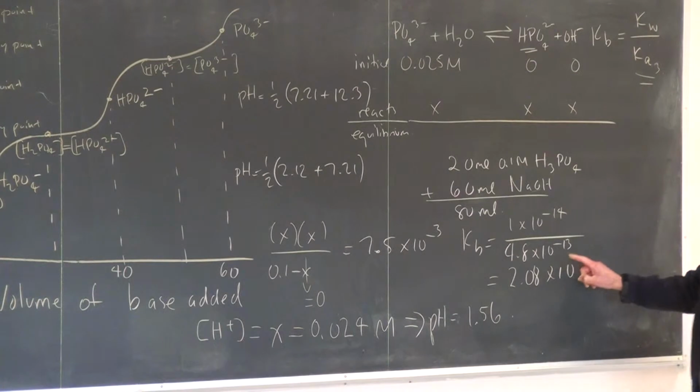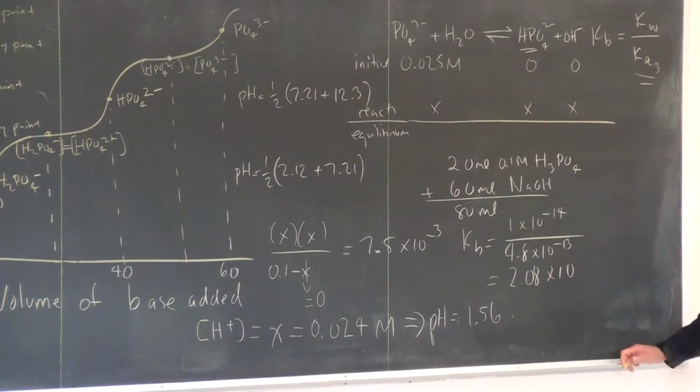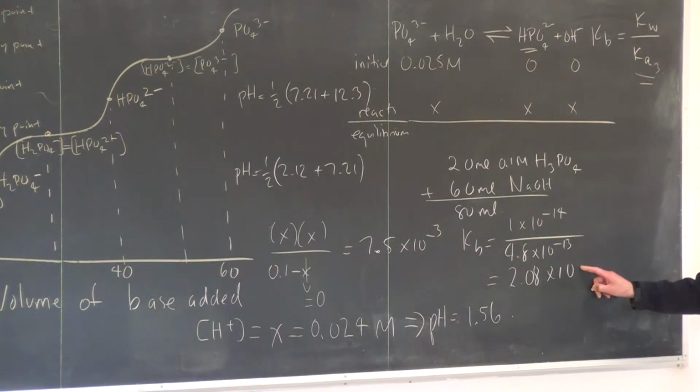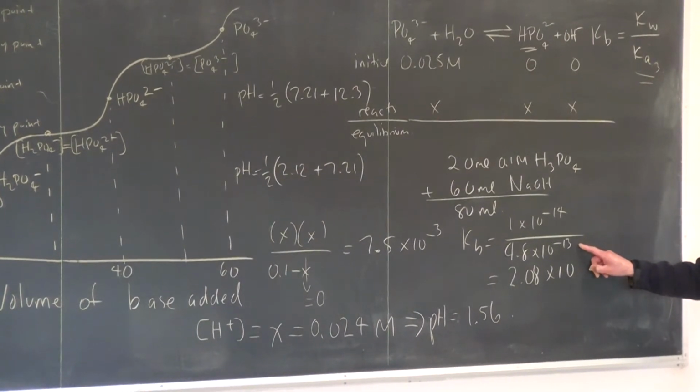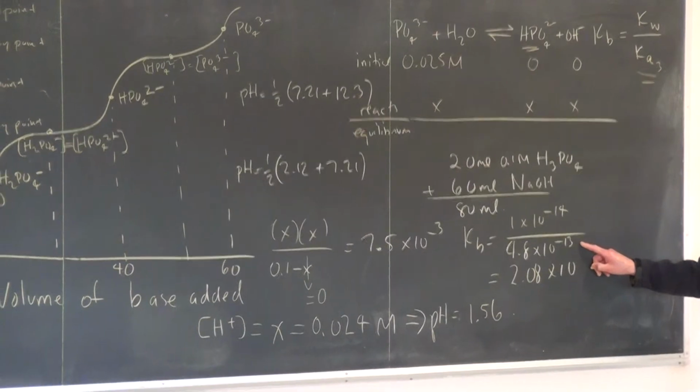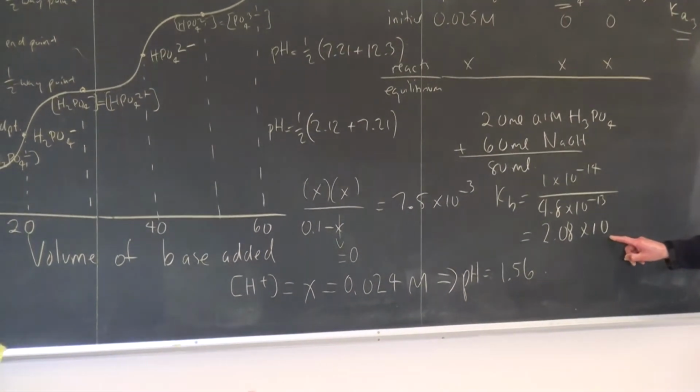I think this part, check your exponent again. Yeah, because see, 10 to the minus 14 divided by 10 to the minus 13, that's like 10 to the minus 1. So this should be 2.08 times 10 to the minus 2.